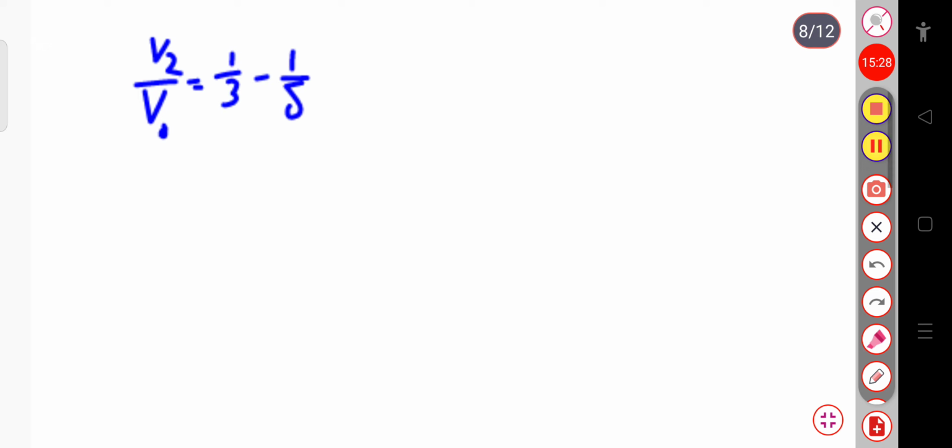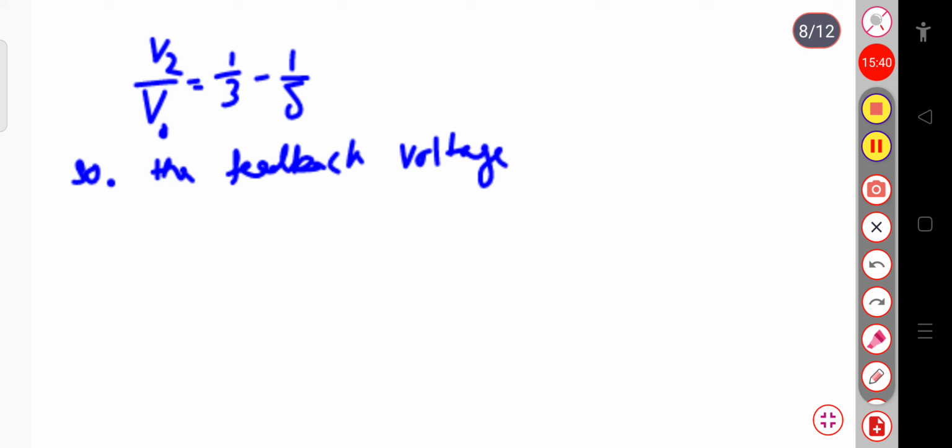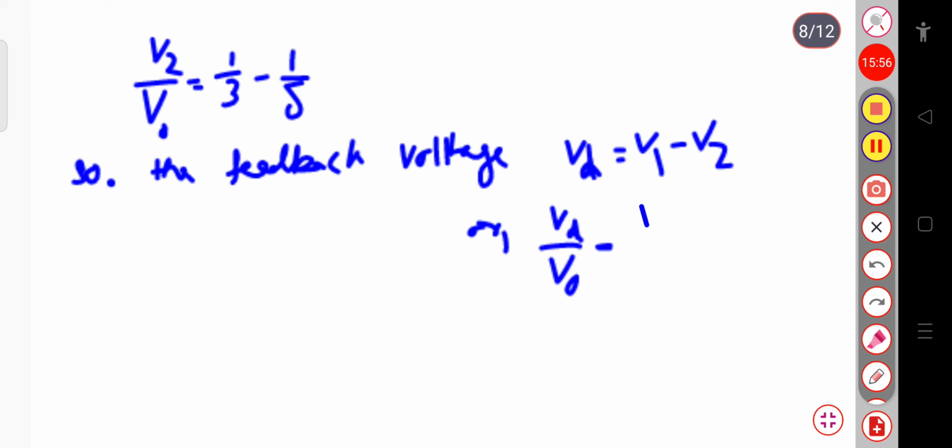The feedback voltage will be Vd, that is V1 minus V2, the differential voltage. You can say Vd equal to V1 minus V2, or if I divide by V0, then Vd by V0 is equal to V1 by V0 minus V2 by V0.